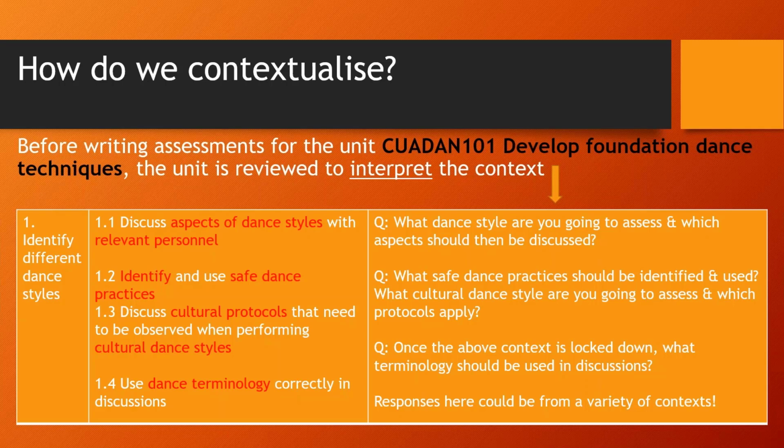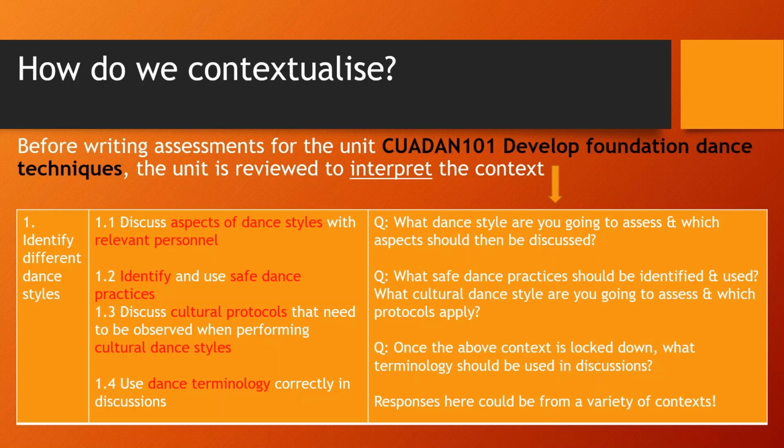So you have to really drill down into a unit of competency to ask questions that lead you to know exactly what the expectation is when someone is performing this particular element correctly. So you might look at the performance criteria and talk about, what dance style are you going to assess? So there's probably an unlimited list of different dance styles.